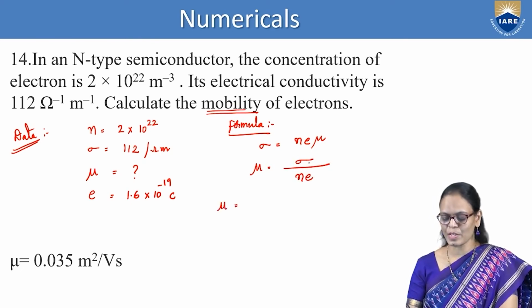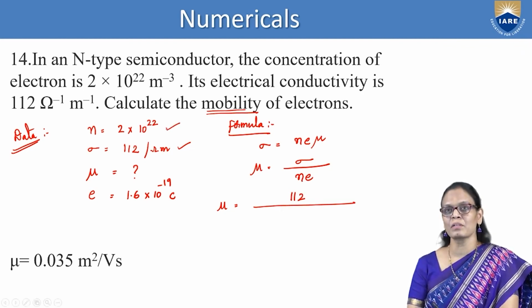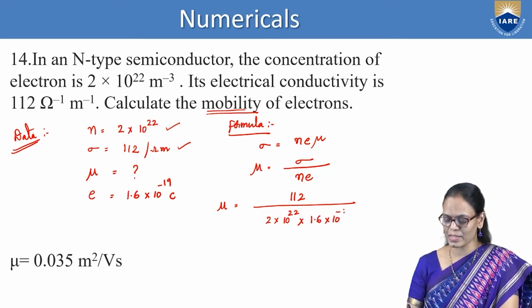So let us just substitute. What is the value of sigma given? 112 per ohm meter. So 112 upon the concentration N, which is 2 into 10 power 22, into e. The value of e is 1.6 into 10 power minus 19.